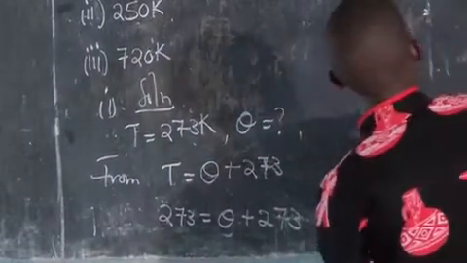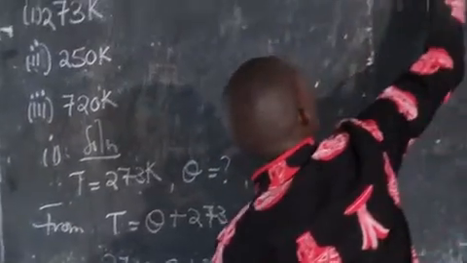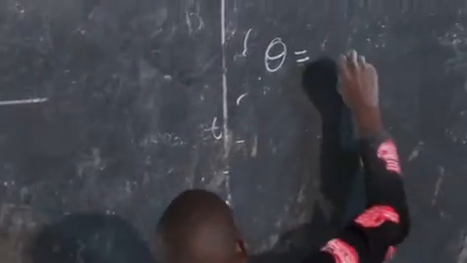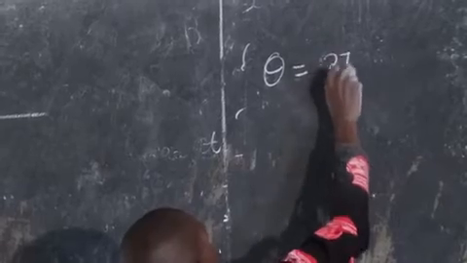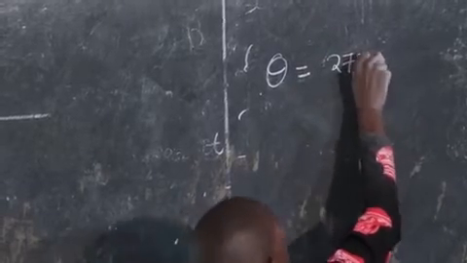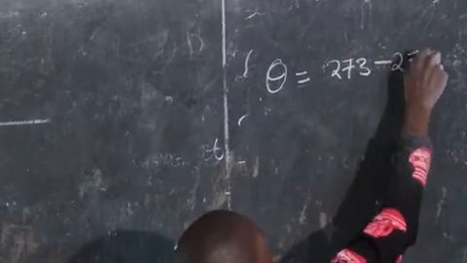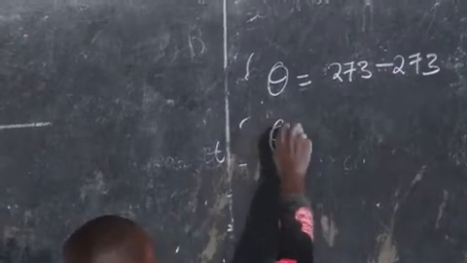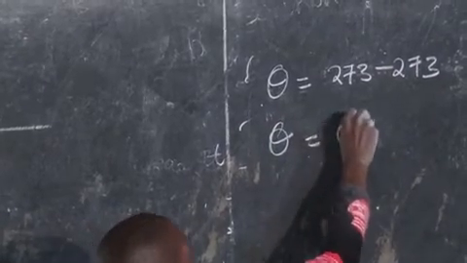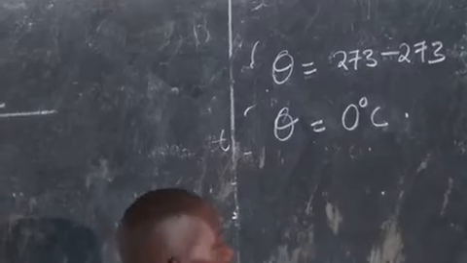Our theta alone will be equivalent to 273 minus 273, and automatically you are going to get 0 degrees Celsius.